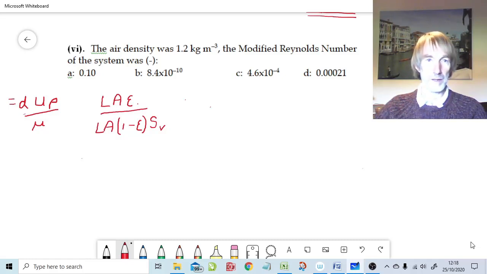And clearly we can cancel out those terms there. So that's our hydraulic diameter. What about U? Here, for velocity, we really mean the velocity within the pipe, or the interstitial velocity within the bed, because that's the equivalent of having a pipe.